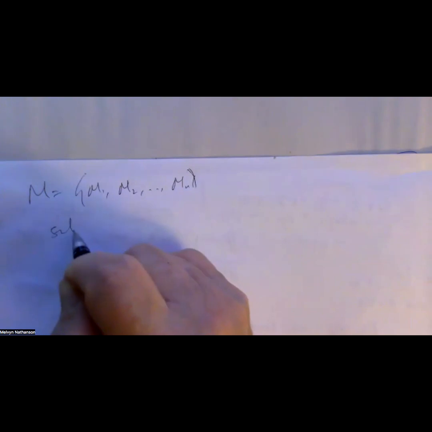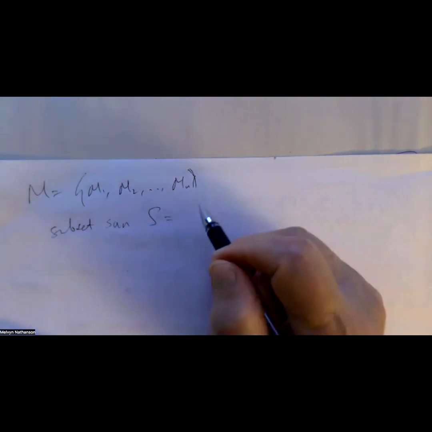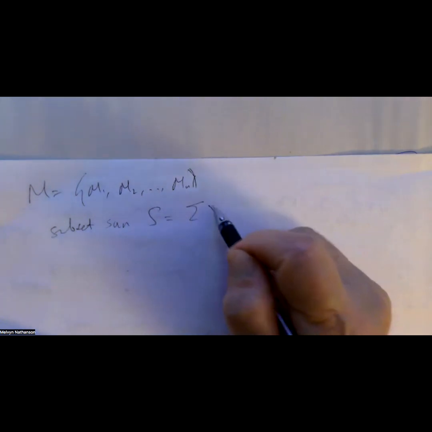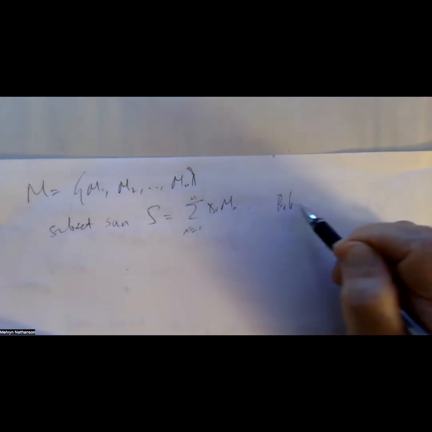We have a subset sum S, which is some summation x_i m_i, i equal 1 to n. Bob must find this bit sequence.